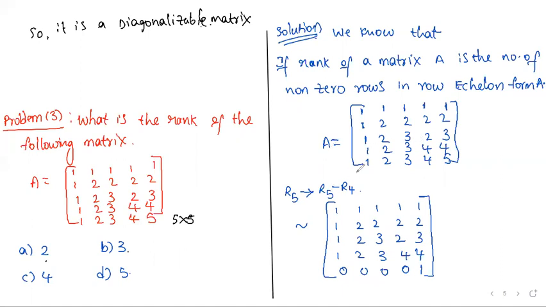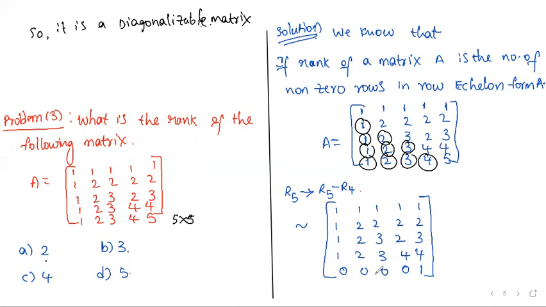First we have to find the row echelon form. Row echelon form means an upper triangular matrix, with zeros below the diagonal. This is the procedure of row echelon form.